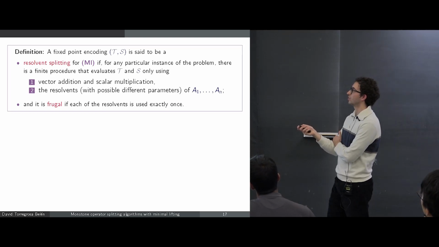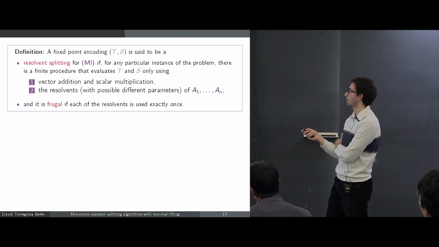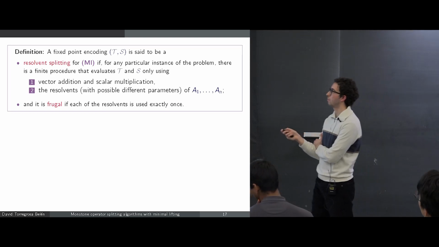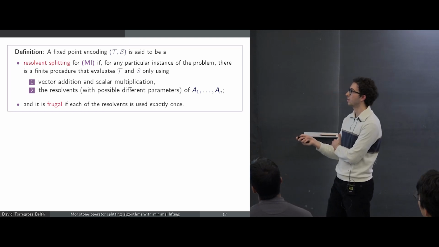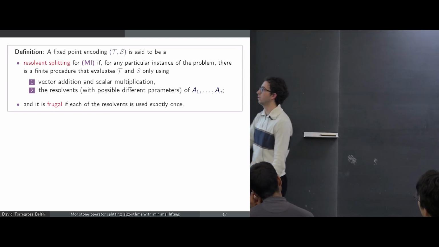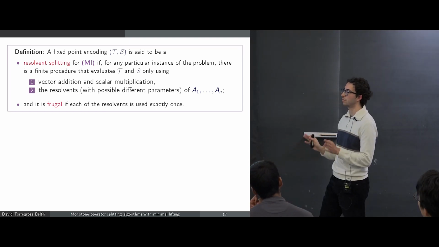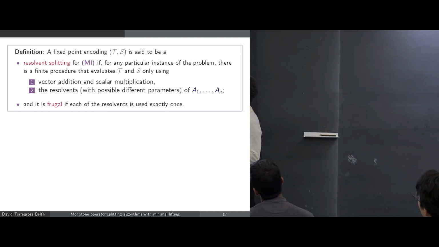We consider a special class of splitting algorithms, the so-called resolvent splitting, namely that both the operators T and S are given by a finite procedure that only uses vector addition and scalar multiplications, and then the resolvents of the maximally monotone operators, allowing different step size parameters. Okay? So this is basically the same thing that Malitsky and Tam needed, but just adding the resolvent parameters.